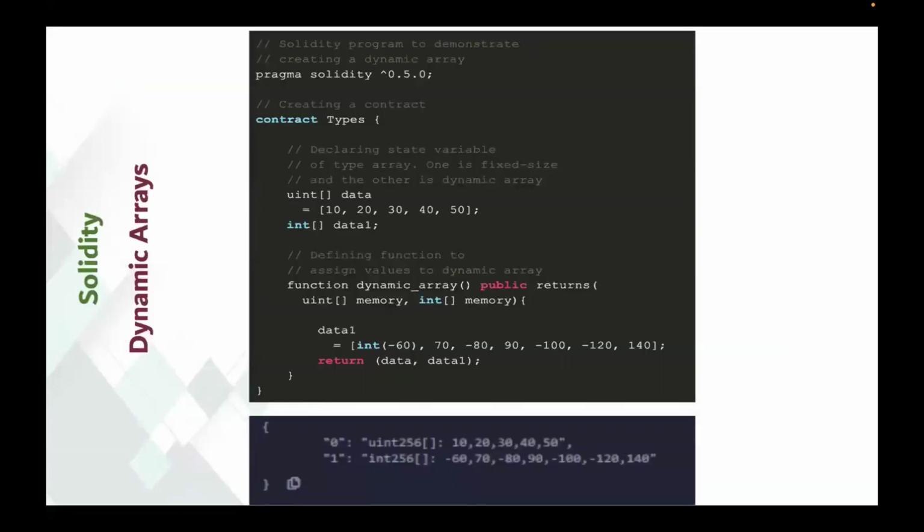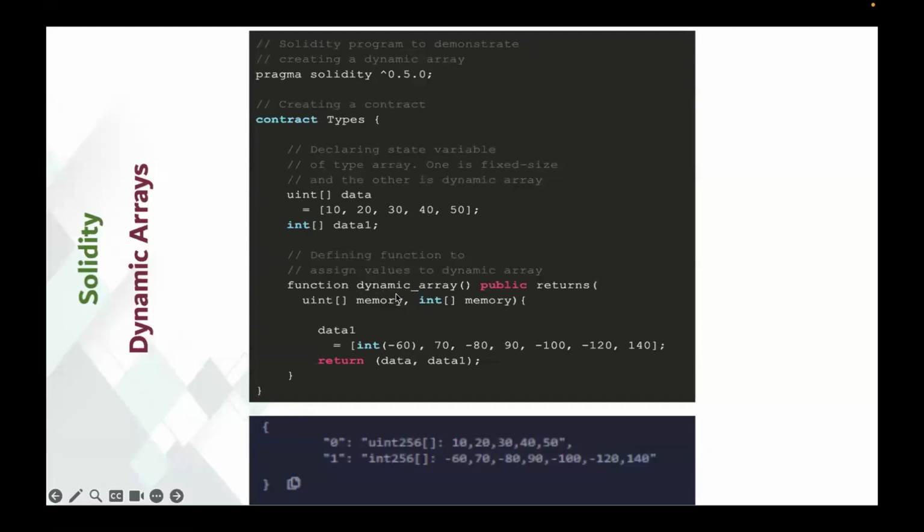Here in this example, we have data, which is a dynamic array without any size, but we assign values to it: 1, 2, 3, 4, and 5. And also we declare another dynamic array, which is data1, without assigning any values.